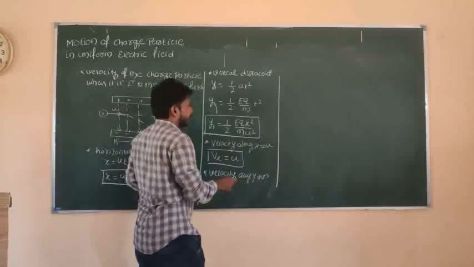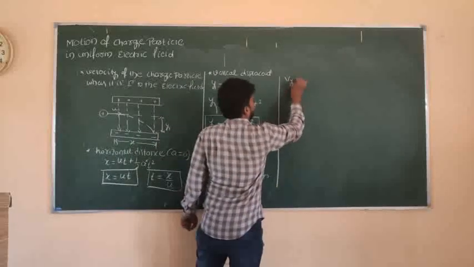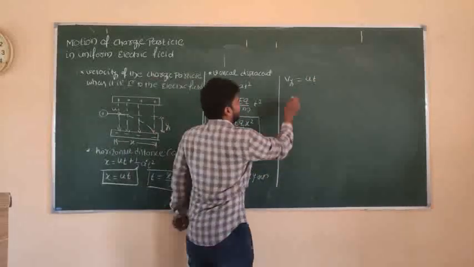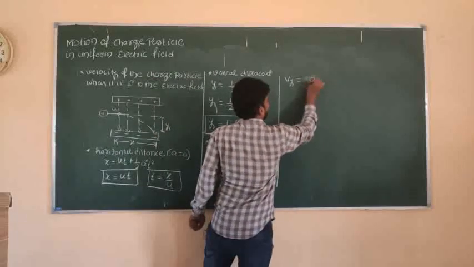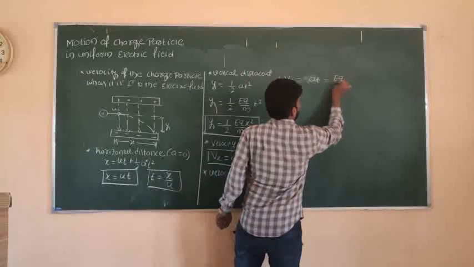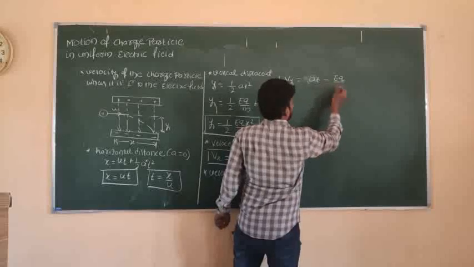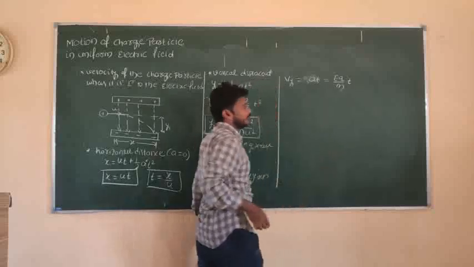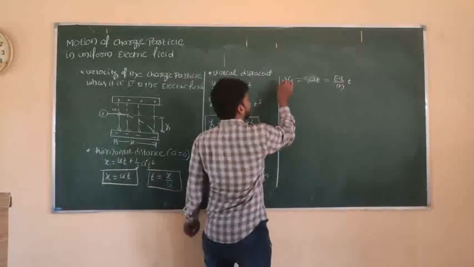So v of y is equal to a into t here, where a is nothing but Eq divided by m, so v of y is Eq divided by m into t.